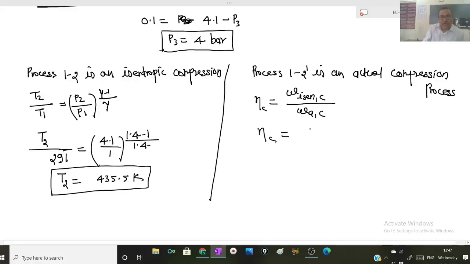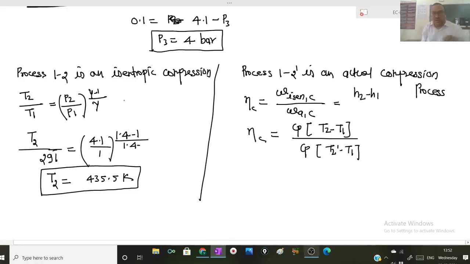So it is given by Cp T2 minus T1 over Cp T2 dash minus T1. It is also given as H2 minus H1 over H2 dash minus H1. So isentropic work is expressed in terms of enthalpy, and in terms of temperature, it can be represented this way.